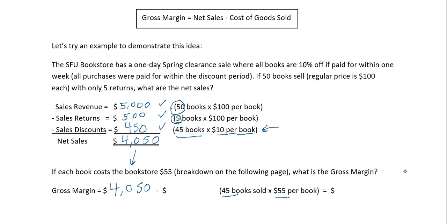So we're just going 45 books times $55 per book, and we will get 2,475. And we subtract off sales revenue minus cost of goods sold, and we will get a gross margin, which is thankfully positive, of 1575.